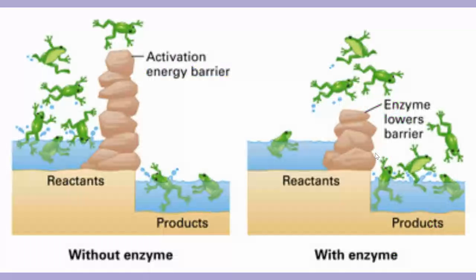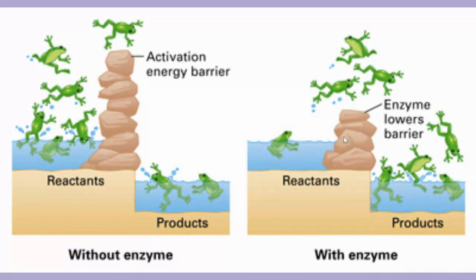Next, here's just another kind of fun picture so that you can understand this concept better. So think of these frogs that are in the upper pond as the reactants, the stuff that needs to do the reaction, and the products are going to be what you get after the reaction. Without enzymes, you have a really high activation energy. In other words, it's going to take a really long time for those frogs to jump over to this pool, and this represents what it would be like without an enzyme, because there's a high activation energy barrier when you don't have an enzyme.